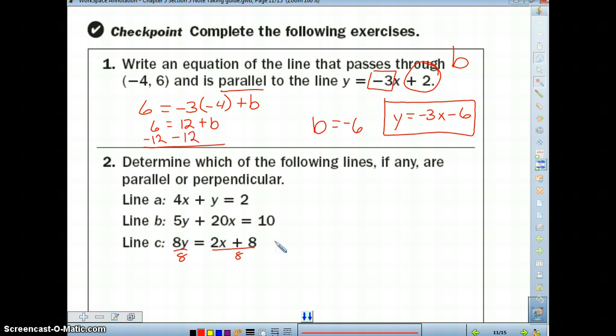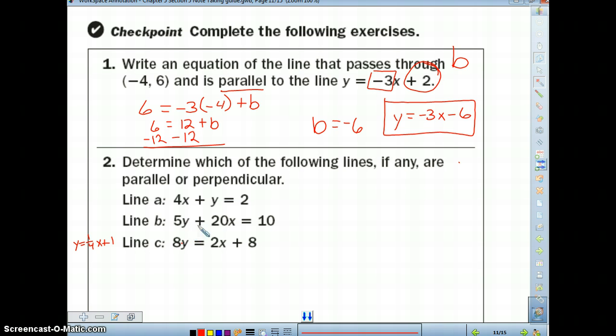So line C is going to come out y equals 2 over 8, which we reduce down to 1/4 x plus 1. And I'm just going to write that over here. Actually, I'll put it by C. That way I won't get it mixed up. Y equals 1/4 x plus 1. All right, go ahead and erase all that.